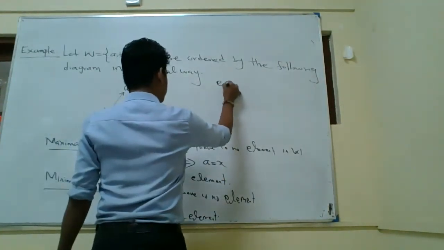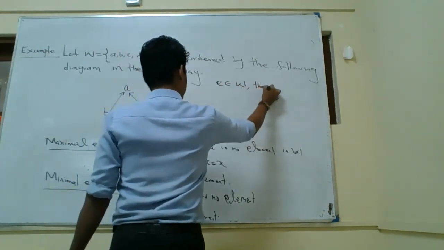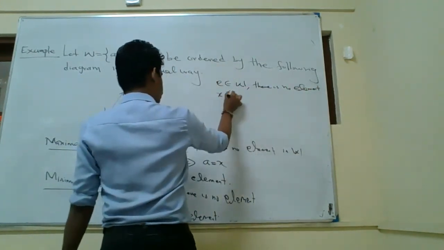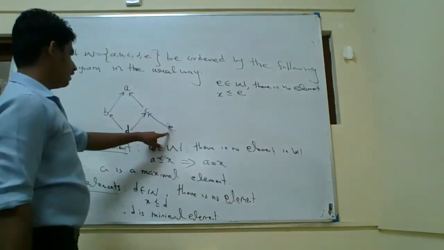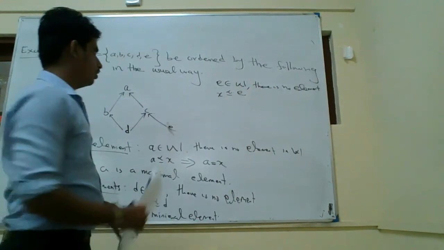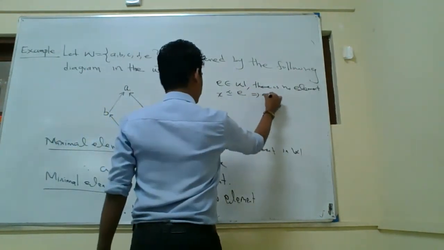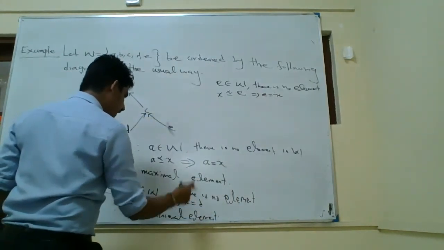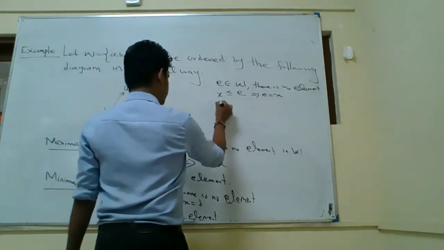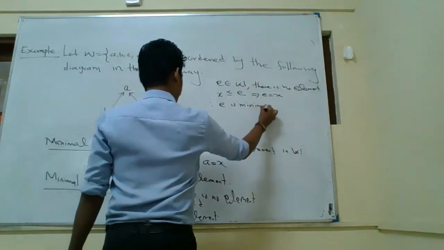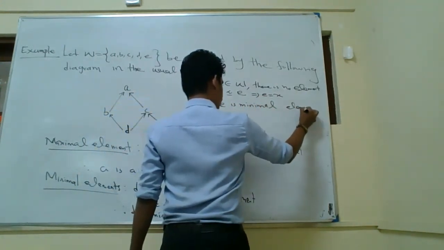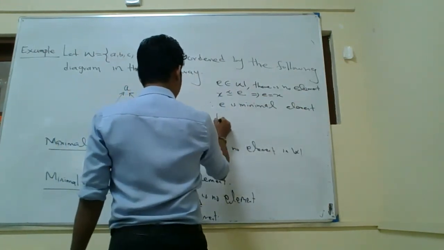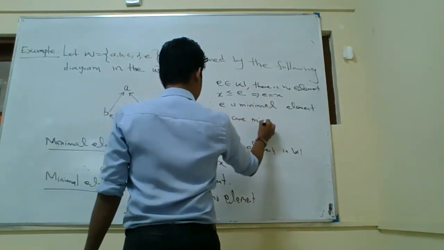Because E belongs to W, and there is no element X that precedes E. Therefore, E equals X is possible, which means E itself, and for D, X equals D. So there are two minimal elements: D and E.